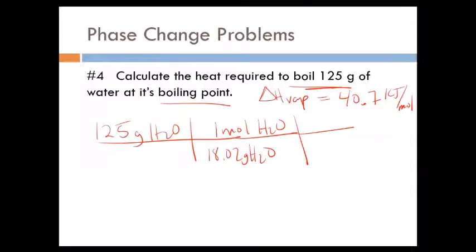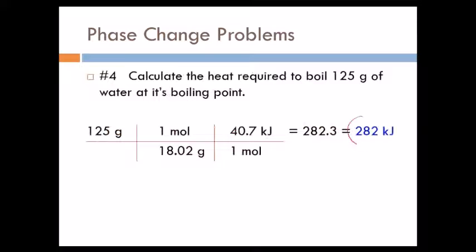Then I would diagonal down my moles, put my kilojoules up here, put in my heat of vaporization, and I would be able to calculate the amount needed to vaporize 125 grams of water. And that calculation, as you can see, is a higher number than the fusion one. Once again, overcoming all of those intermolecular forces holding the particles together.